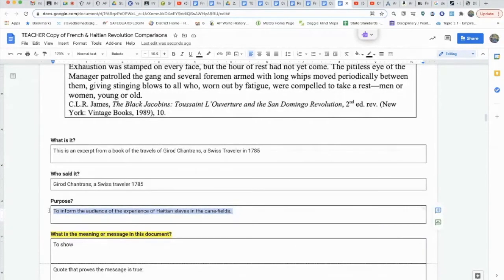All right, so there you go. Man, they suffered poorly. Remember, they were on the bottom of the social ladder of that triangle.